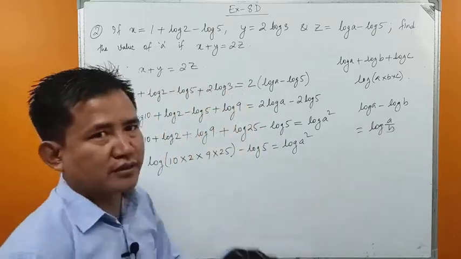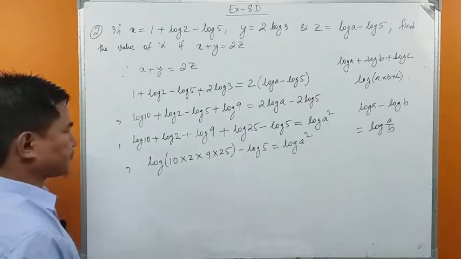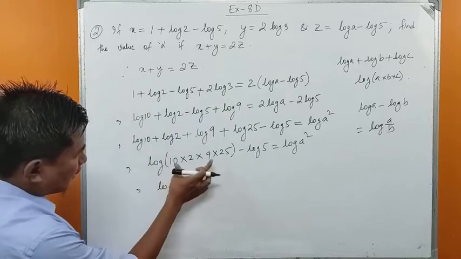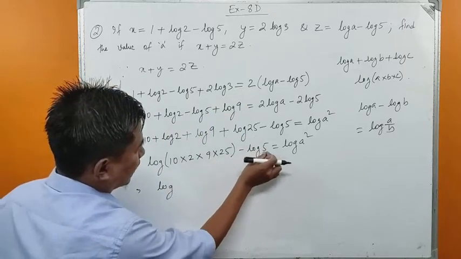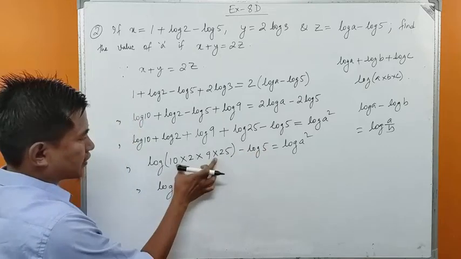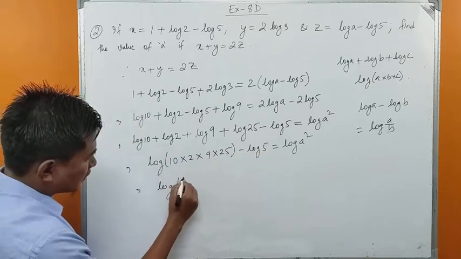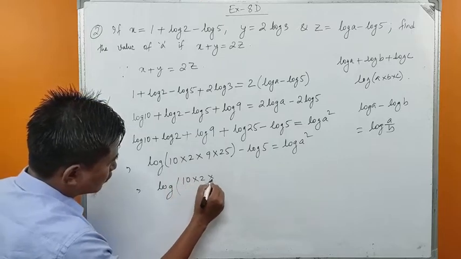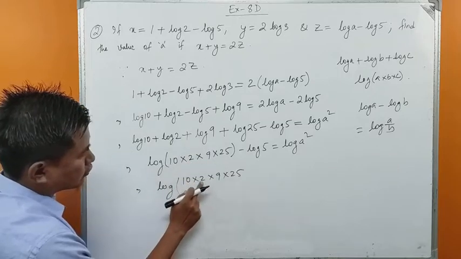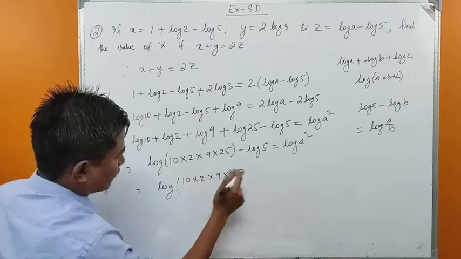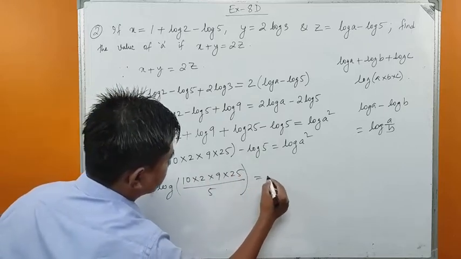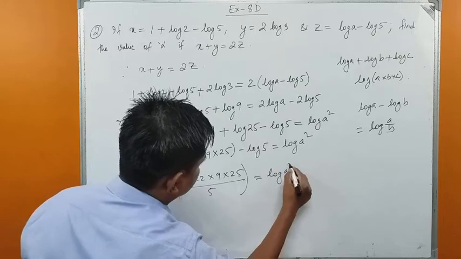So this means log of 10 into 2 into 9 into 25, divided by 5, since the minus comes in the denominator, equals log a squared.